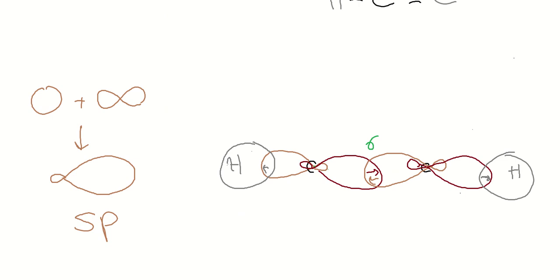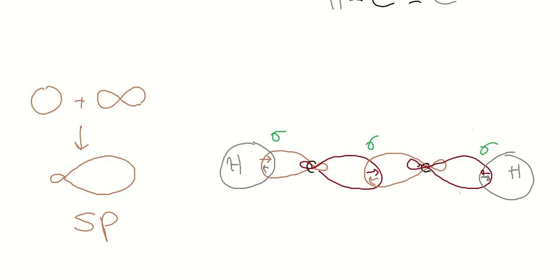So there's that, there's that. And so what kind of bonds are these? I hope you said they're sigma bonds as well, because they're also head-to-head. Those shared electrons are right on the axis between the two nuclei of the sharing atoms. So those are also sigma bonds.